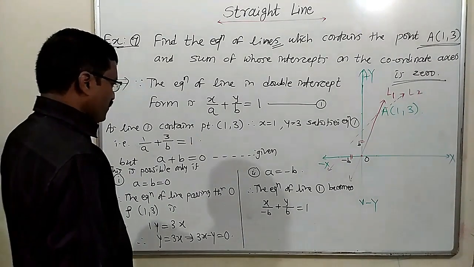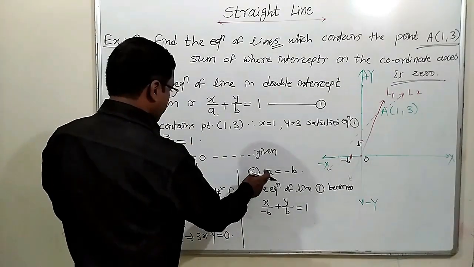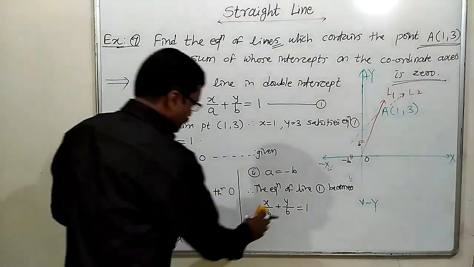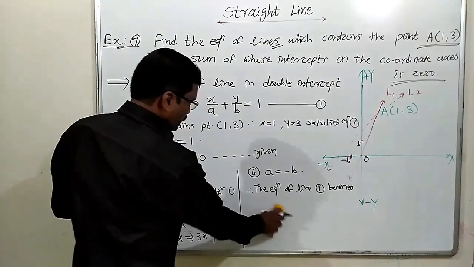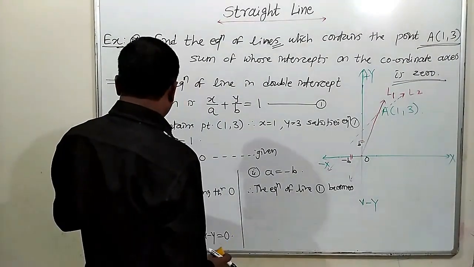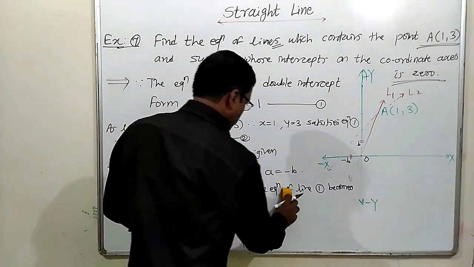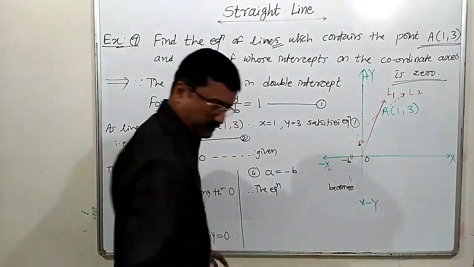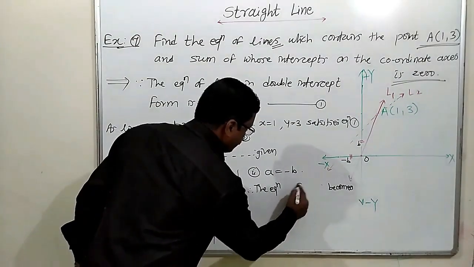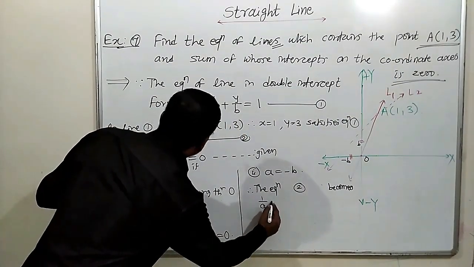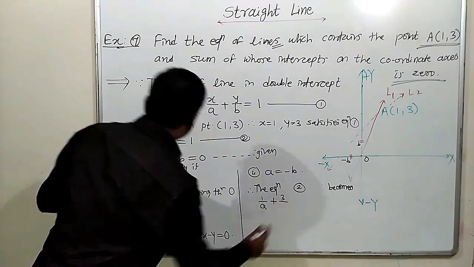Or we can solve these two equations, then we get the values of A and B. Instead of putting that value, we will solve these two equations. Therefore equation 2 becomes 1 upon a plus 3 upon b.